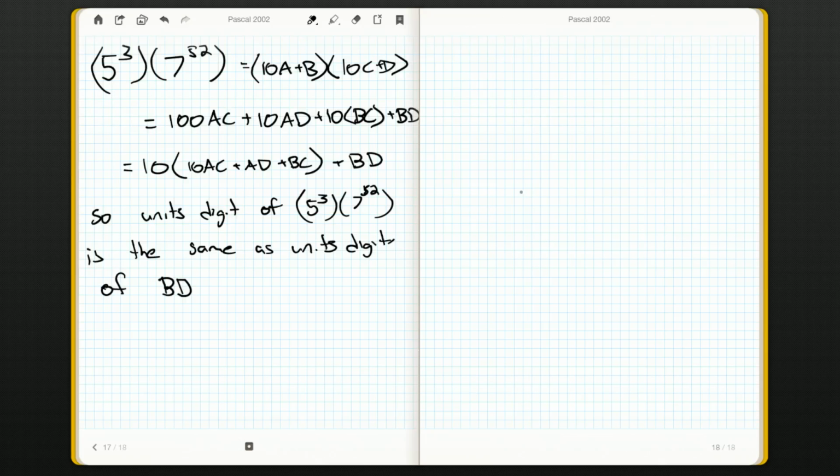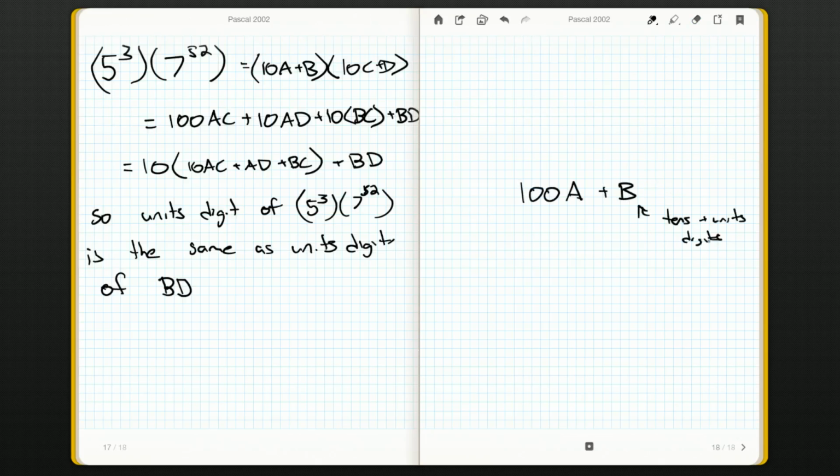Likewise, if I wanted to talk about just the tens digit, or the tens and the units digit, I would write my number like this: 100a plus b, where b is the tens and units digit. Because everything else, when multiplied with something else of this form, isn't going to contribute to the tens or units digits, only b and d are.